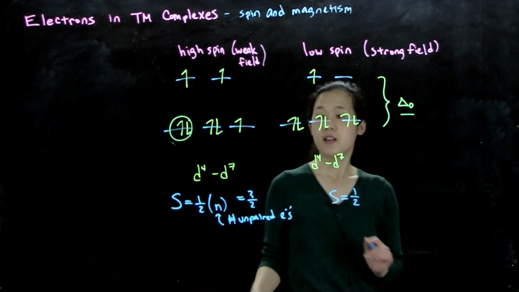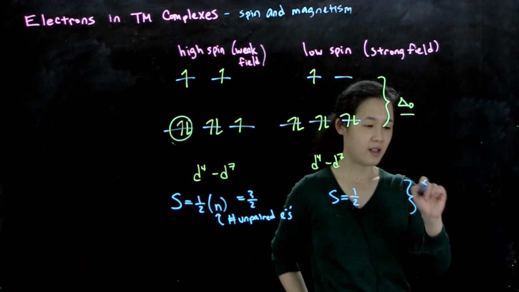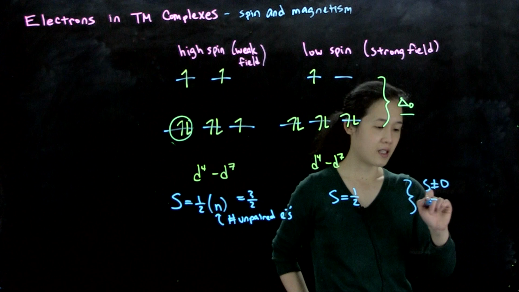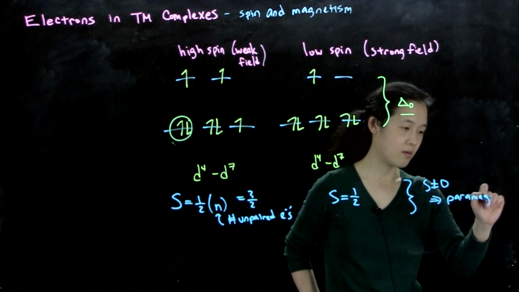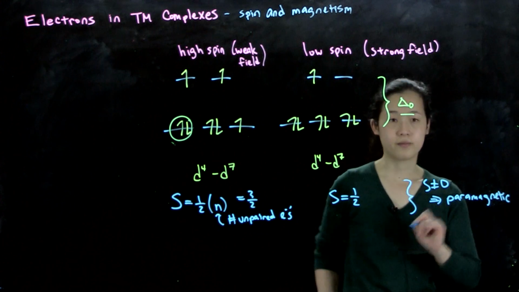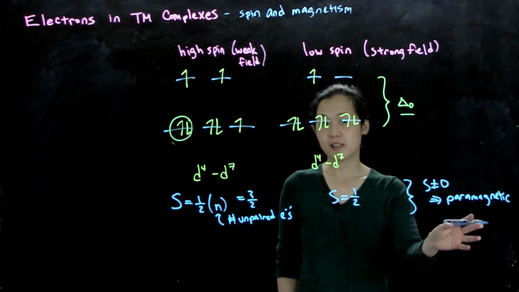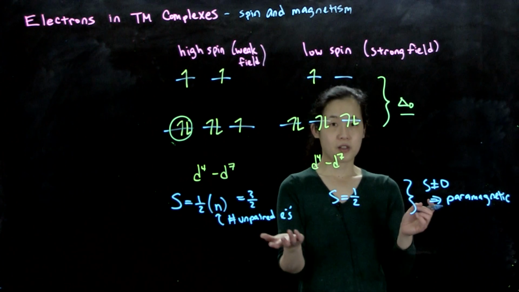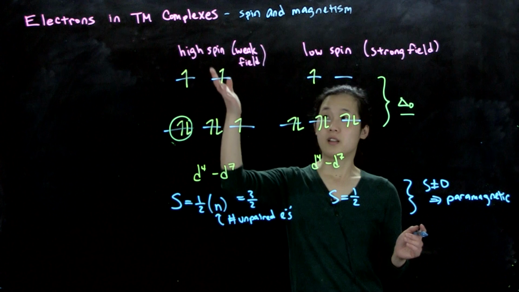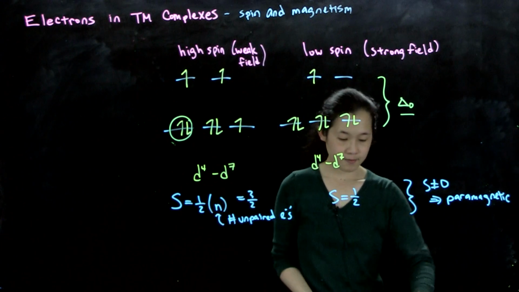Keep in mind that anytime you have a non-zero spin, you are paramagnetic. S does not equal 0 gives us paramagnetic. One nice thing about having paramagnetic complexes is that it's easy to then use magnetism to measure whether you are in the high spin or low spin regime, so we can tell more about our complex.